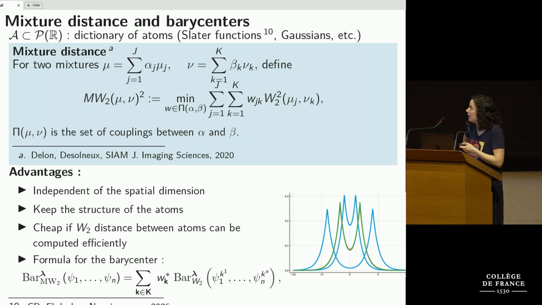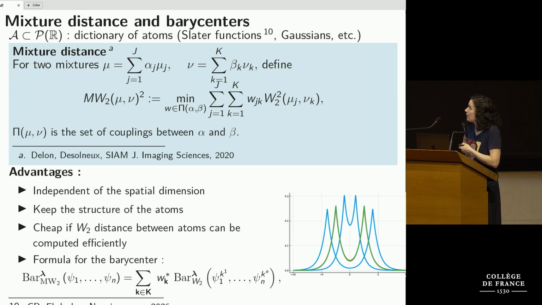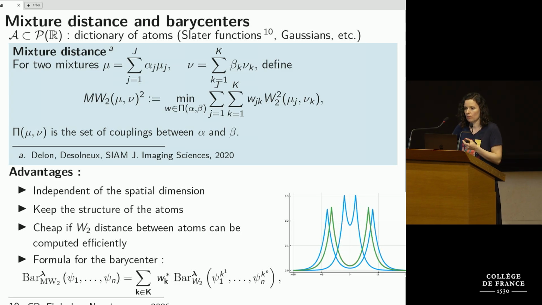This is actually very convenient, because what we try to use afterwards is a so-called mixture distance. The idea is that we write the density that we are looking at as a mixture of some functions. Typically, they have to be of some class, so either Gaussians or Slater functions. Then we used a mixture distance defined originally by Julie Delon and Agnès Desolneux, where we solve a discrete optimization problem where the cost between the points is replaced by the Wasserstein distance between the atoms, so these Gaussian functions or these Slater functions.